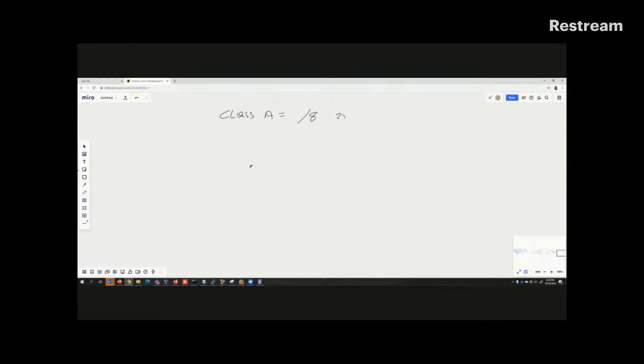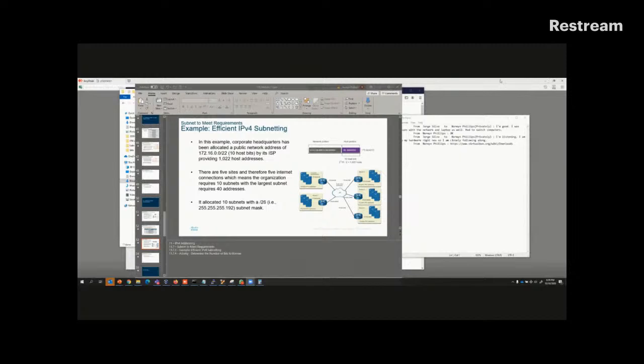So that gives you 255.0.0.0. The class B subnet mask is a /16, which means 255.255.0.0. And class C default is /24, and that means 255.255.255.0.